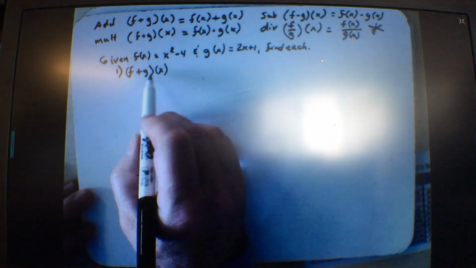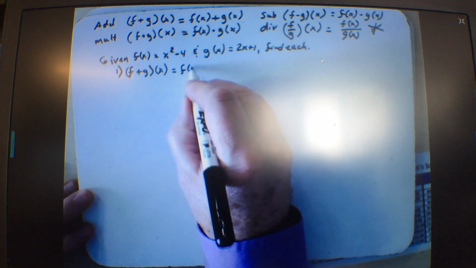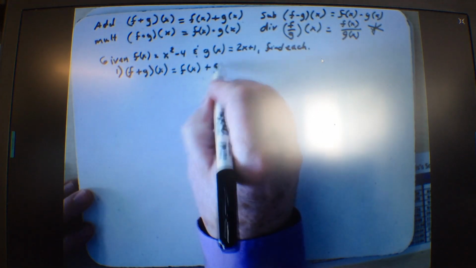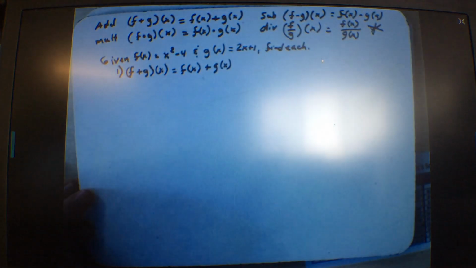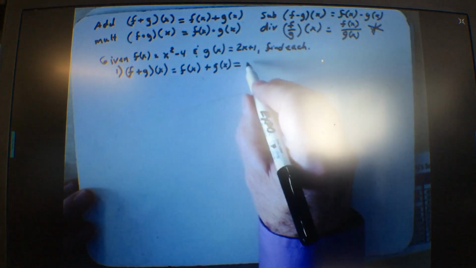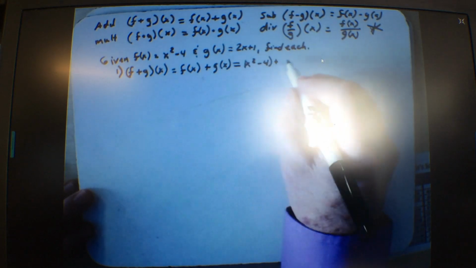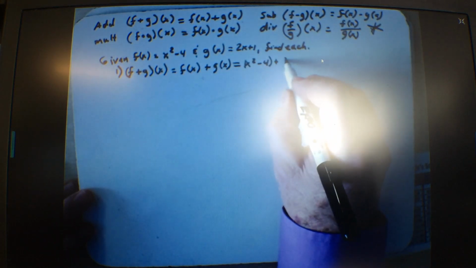So this is the addition one. What it means is I'm going to take the f function and add it to the g function. That's simple. So I look up here and I take the f function, which is x squared minus 4, and I add it to the g function, which is 2x plus 1.